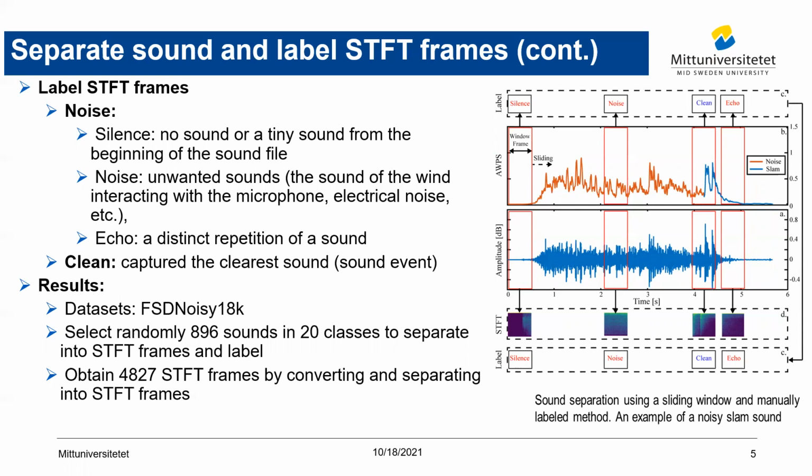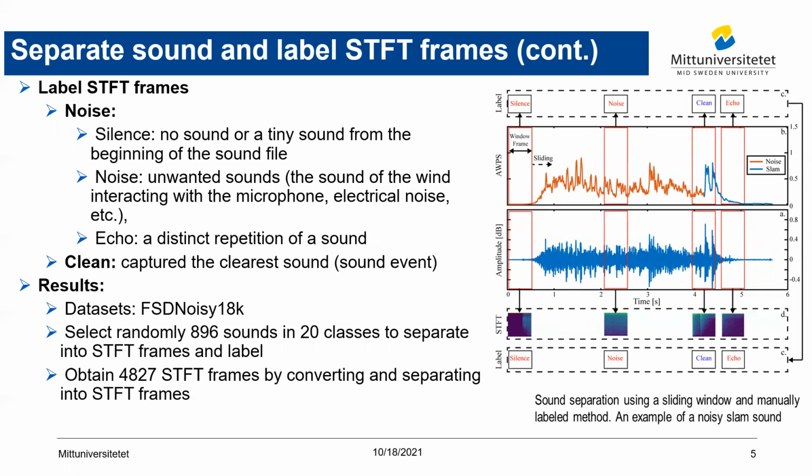The clean part, the slam event, captures the clearest sound with a high energy of representation, reflected by the peak in the spectrum, the blue signal here. For each position of the window frame, the normalized sound part was collected into the frame and then converted into an STFT spectrum called the STFT frame, which is shown in figure D.